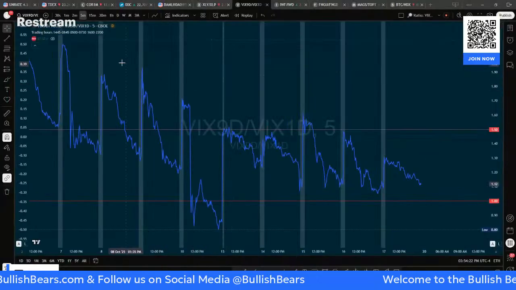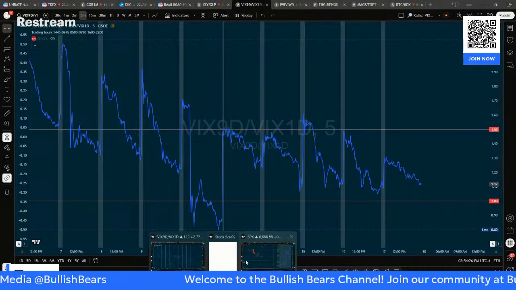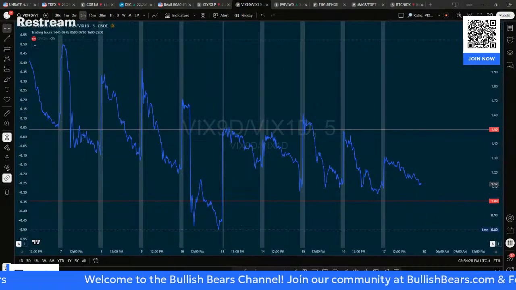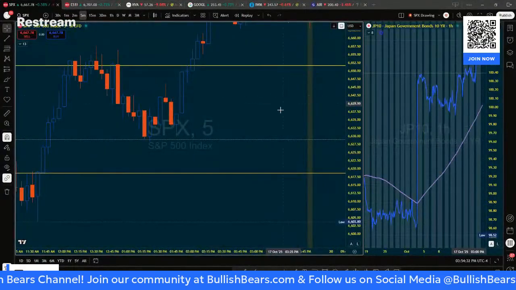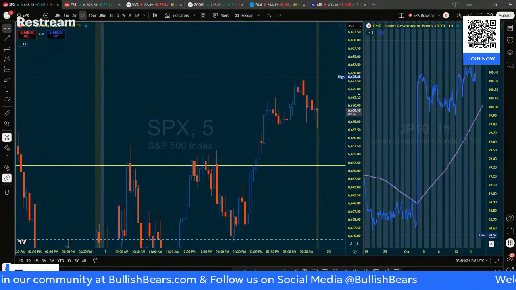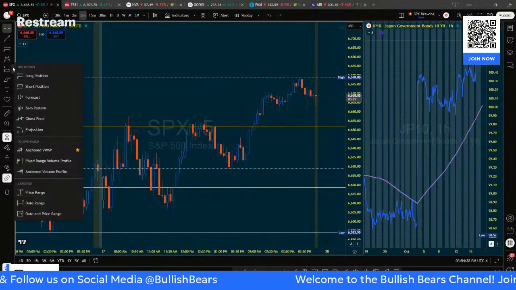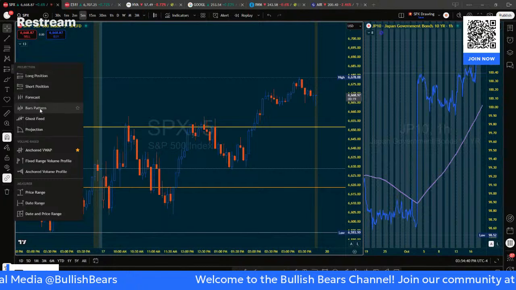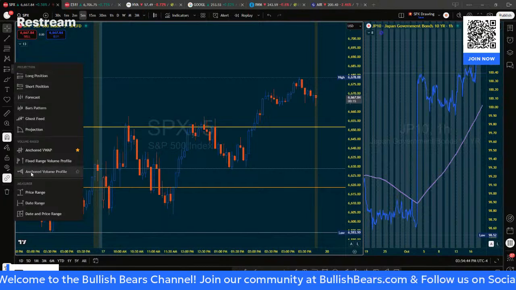But if you want to get started on it, you need a platform that gives you a chance to actually anchor a profile, something like Tradovate or TradingView. So here's TradingView, and it's in the drawings over here. Anchored volume profile.